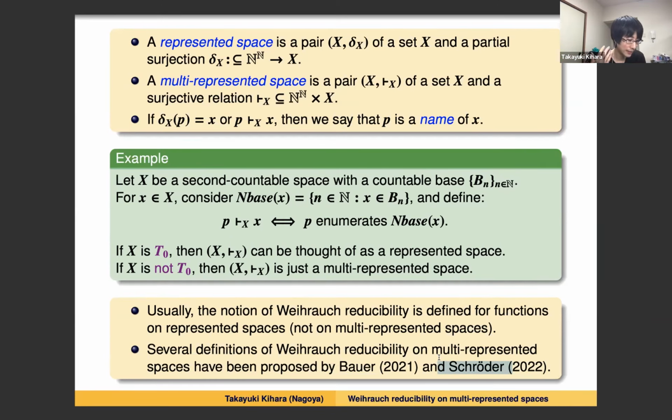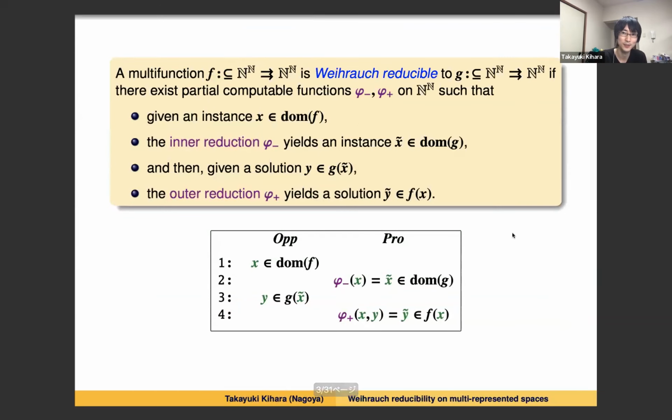For now, let's start with the original definition of Weihrauch reducibility. First I introduce the usual Weihrauch reducibility for Baire space. This is the usual definition of Weihrauch reducibility between multi-valued functions on Baire space.